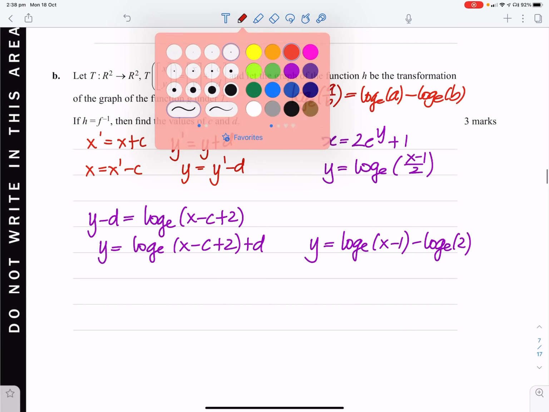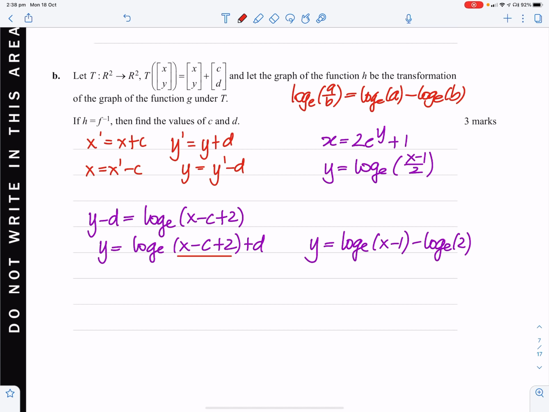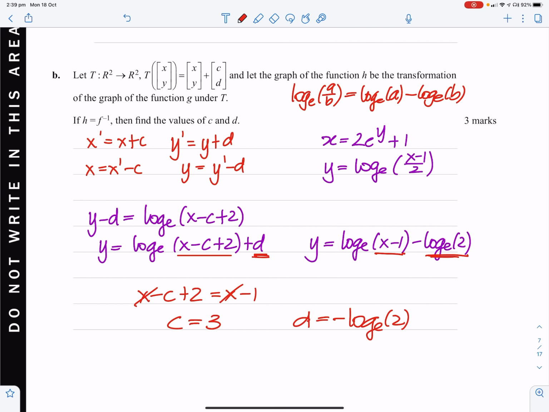Now we can equate what's inside the log and the constant at the end. So we get x minus c plus 2 is equal to x minus 1. The x's cancel. We get c is equal to 3. And then we get d is negative log e of 2.